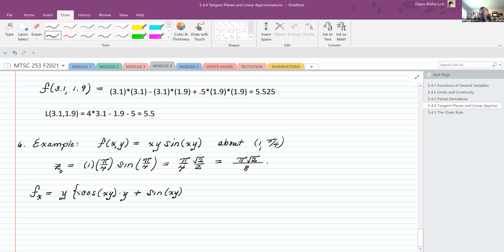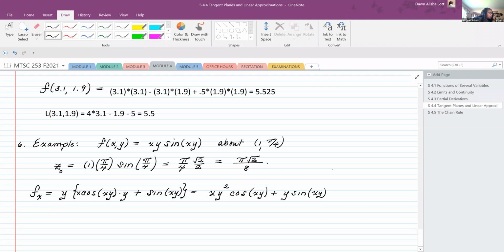The first times the derivative of the second, plus the second times the derivative of the first. So I get x y squared times the cosine of xy plus y times the sine of xy.